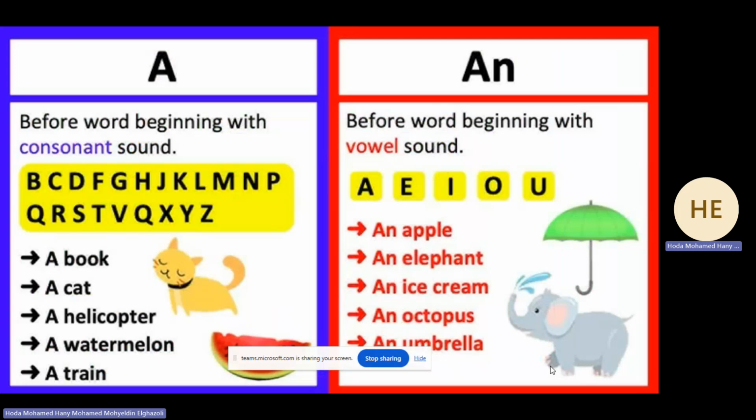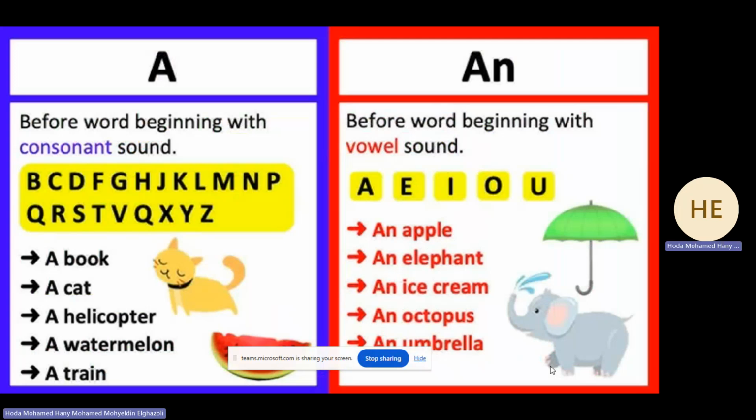And when do we use article a and when do we use article an? We use article an before words beginning with vowel sounds. Vowel sounds like A, E, I, O, U. Examples, an apple, an elephant, an ice cream, an octopus, an umbrella.